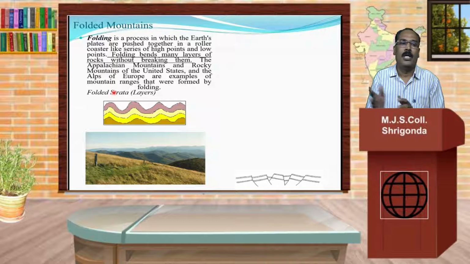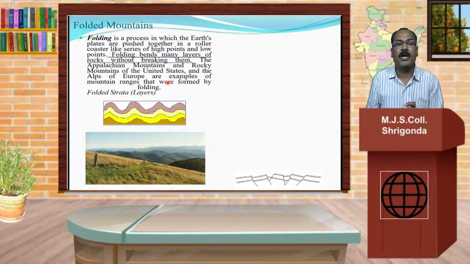The Appalachian Mountains and Rocky Mountains of the United States and the Alps of Europe are examples of mountain ranges that were formed by folding.